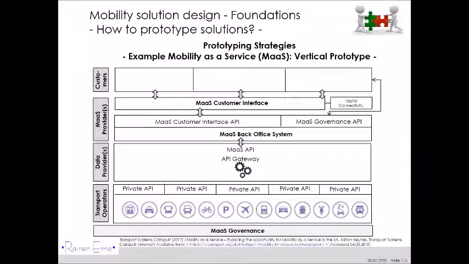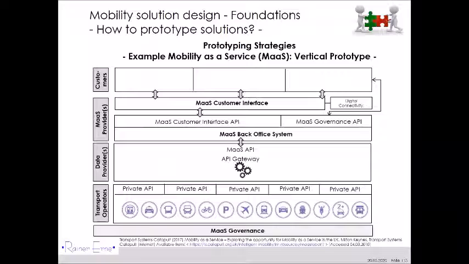This is usually the interface layer of a platform, and in the back office of the platform is the MaaS back office system, which provides all the data, and the data are fueled by the data providers. They usually provide something which is technically called an API gateway. API is the abbreviation for Application Programming Interface.